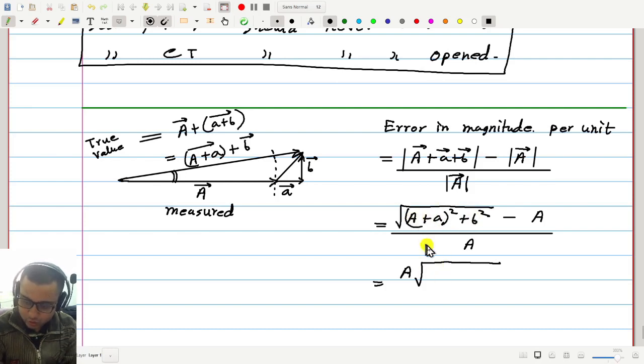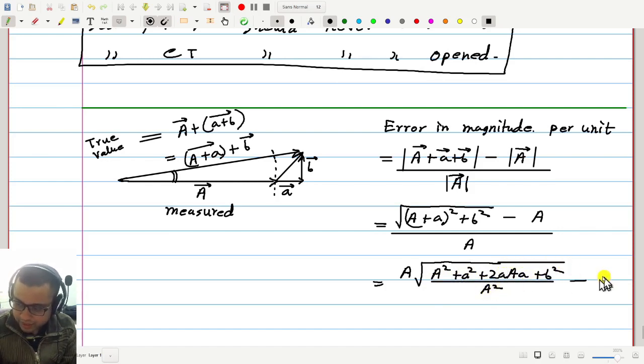So this will become, with some step jumps, A square plus 2aA plus a square plus b square, everything divided by A square, minus A, whole divided by A.